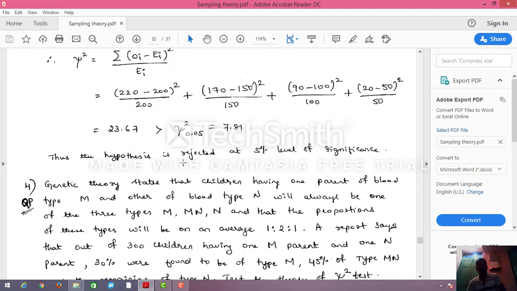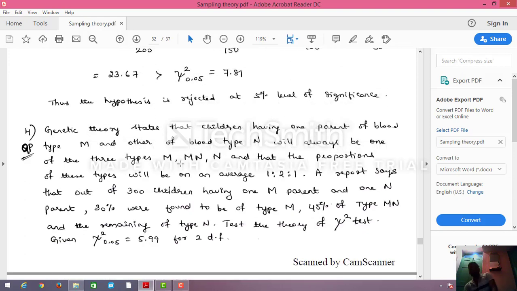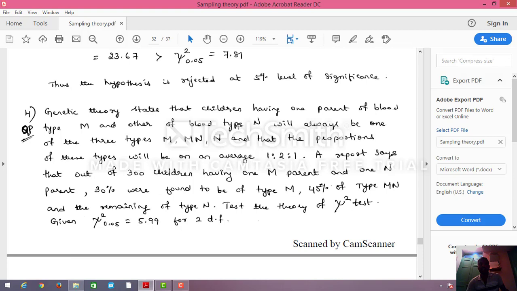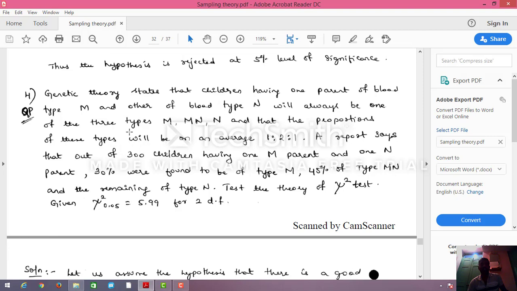Right. One more problem we will see here. This is different from the previous 3 problems. Genetic theory states that children having one parent of blood type M and the other of blood type N will always be one of the 3 types M, MN, N, and that the proportions of these types will be on an average 1:2:1.